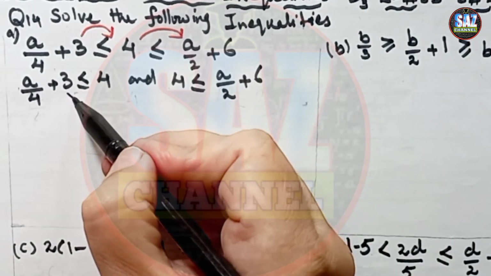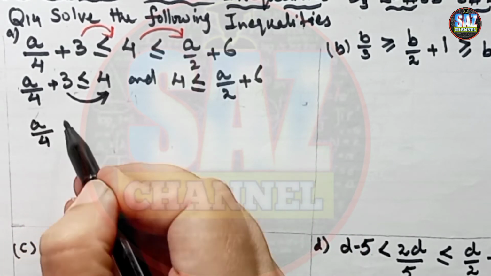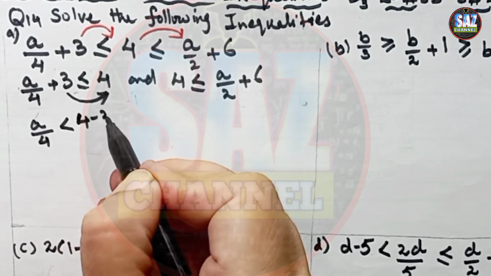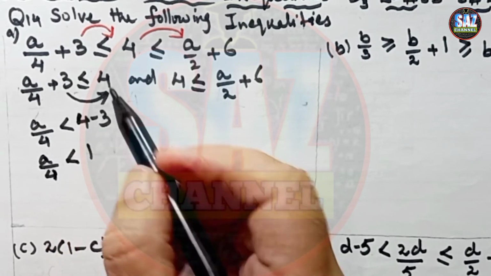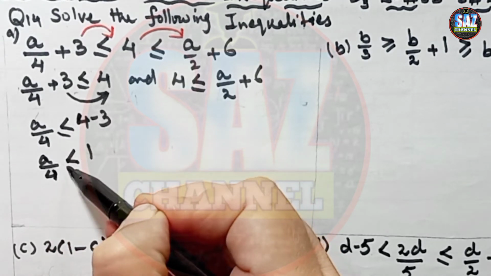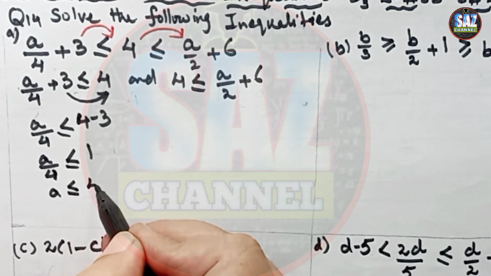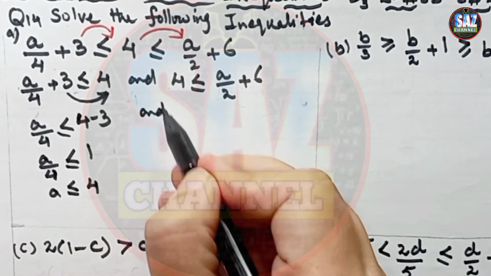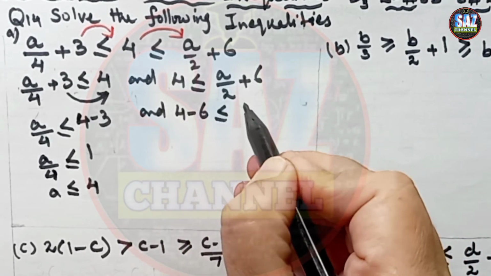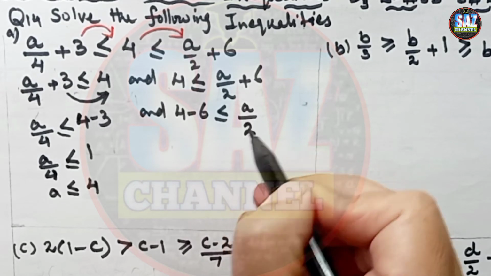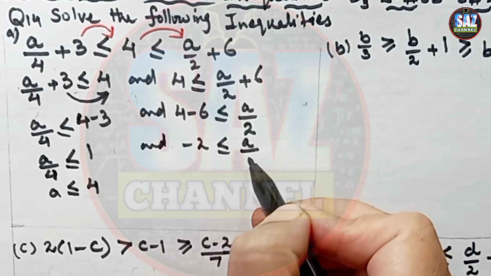Now this 3 is a constant, shift it to the other side. A by 4 is less than or equal to 4 minus 3. A by 4 is less than or equal to 1. Shift 4 to the other side. So a is less than or equal to 4. Now shift 6 to the other side. 4 minus 6 is less than or equal to a by 2, and minus 2 is less than or equal to a by 2.